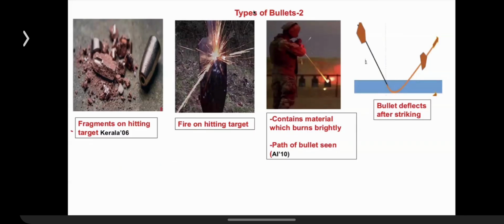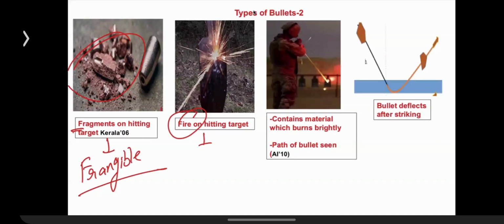The bullet which fragments on hitting the target is a fragile bullet, frangible bullet. The one that produces fire is an incendiary bullet, because it has phosphorus, which burns brightly like this. This is tracer bullet.